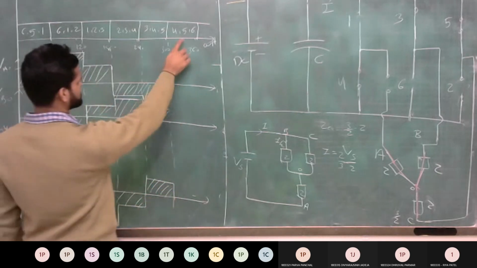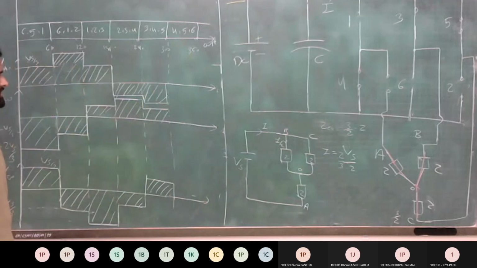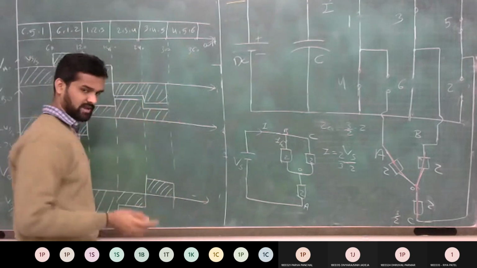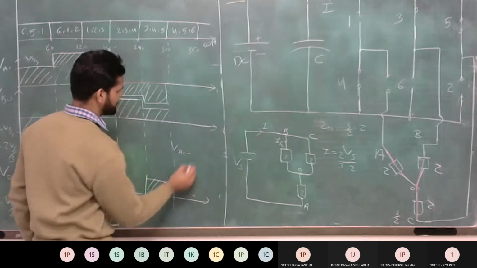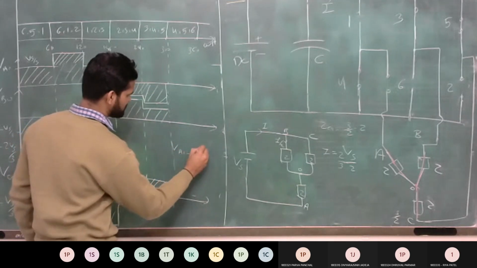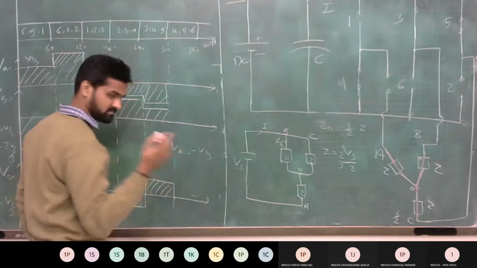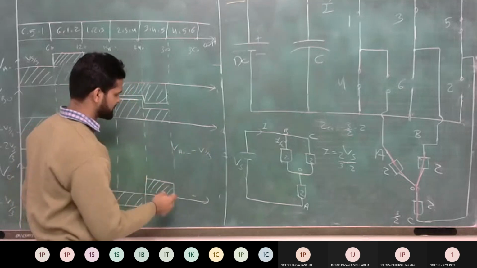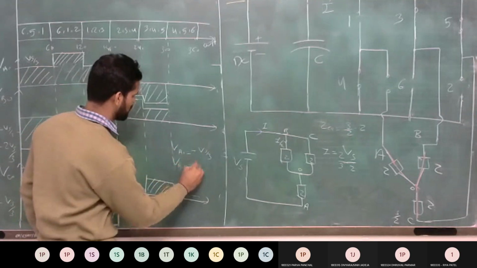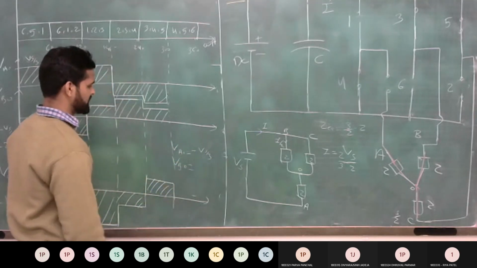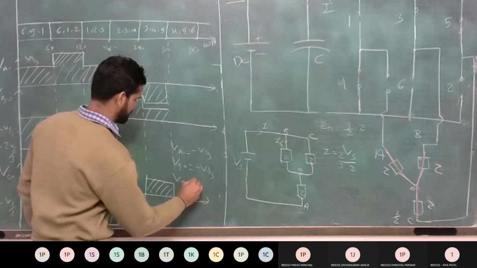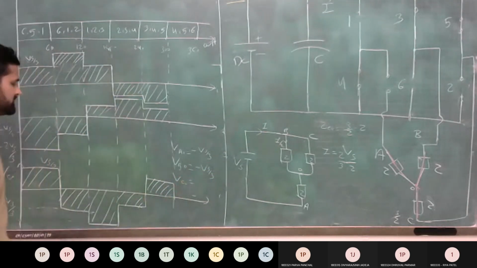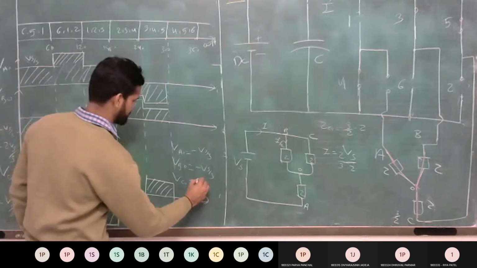Now calculate the same way for step number 6. For step number 6, I directly write the answer: VAO is minus Vs by 3. If you want, you can check this value. VBO you get minus Vs by 3, and VCO you get plus Vs by 3.